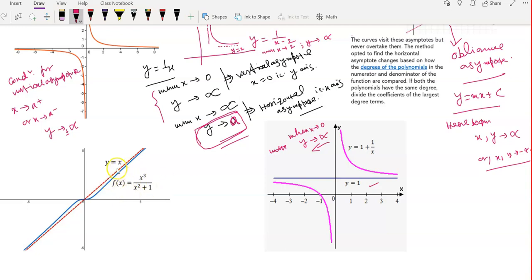For this curve, check whether there is any asymptote here. f(x) equal to x cube by x square plus 1. Do you get any asymptote? Check once. This curve is shown here. Is this definition valid over there? Check.